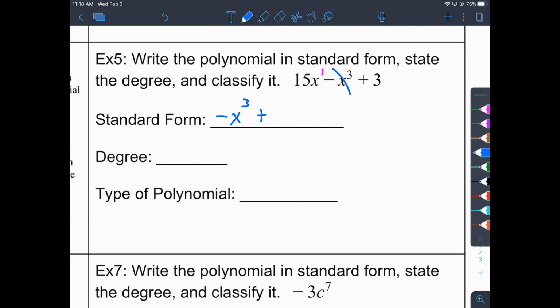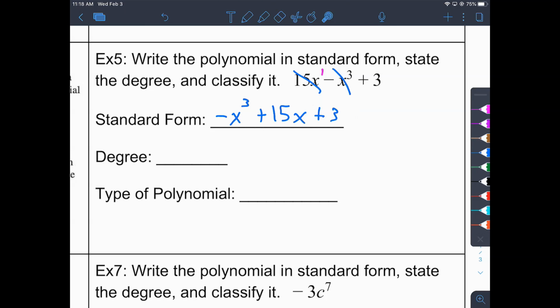It's a positive 15, so I write plus 15x. Which means then, by rules of deduction, the plus 3 is last. And now it would be in decreasing order of degrees. Third degree first, then a first degree, and then the one that has no degree.